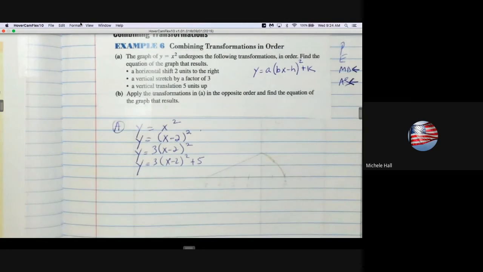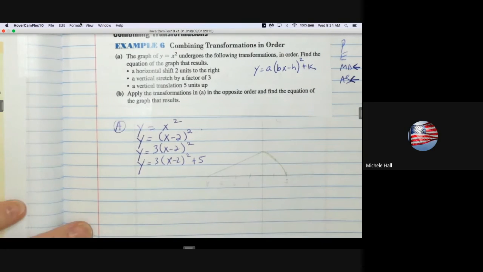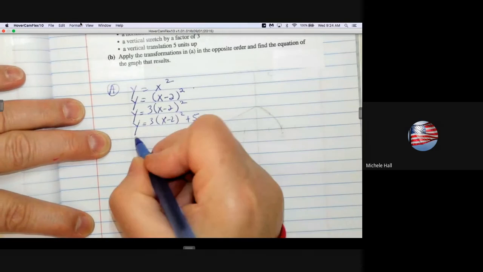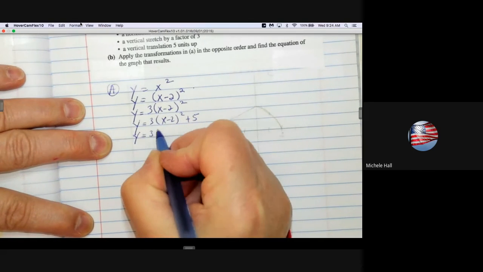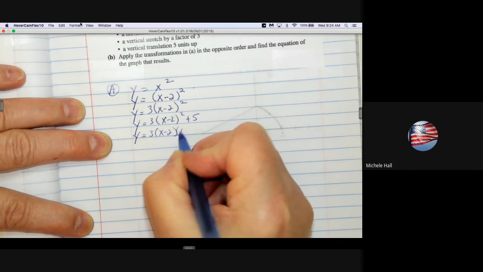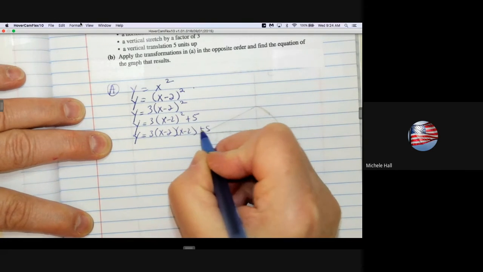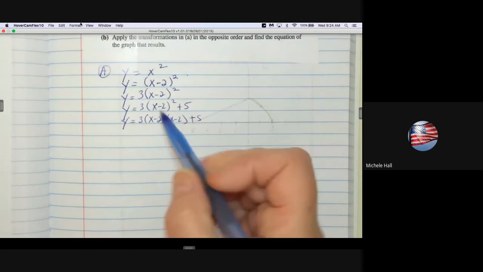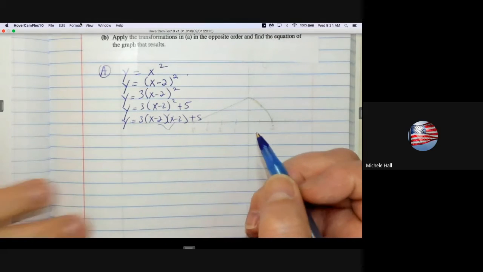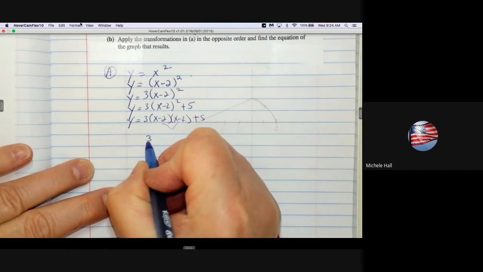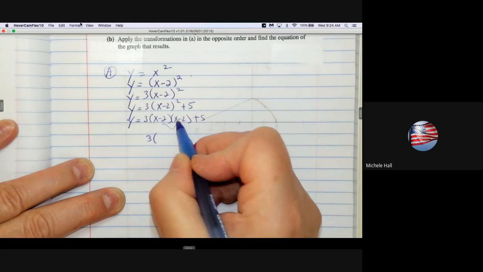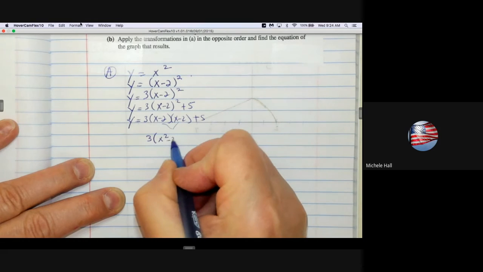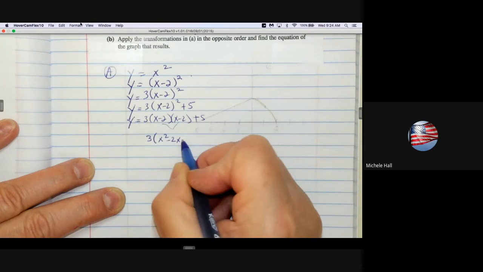Now we need to find this function so we can compare it to the next function we're going to do. That means expanding this out. So we have y equals 3 times x minus 2 times x minus 2. And again, I would have used the shortcut here, but I know that you're not really ready for it yet. So I'm starting here with my multiplying. We have x times x is x squared. X times negative 2 is negative 2x. Negative 2 times x is negative 2x.